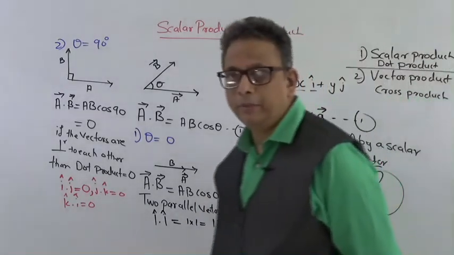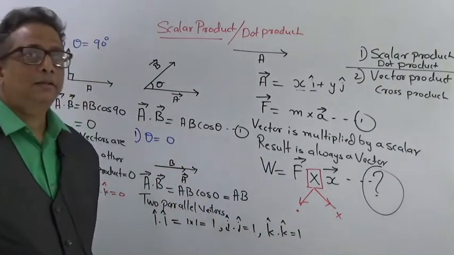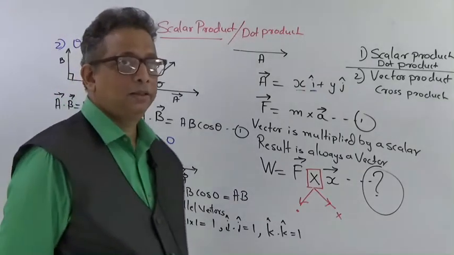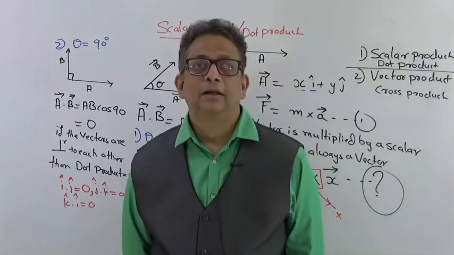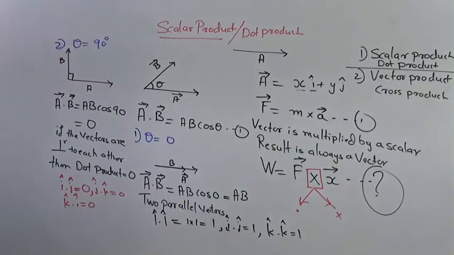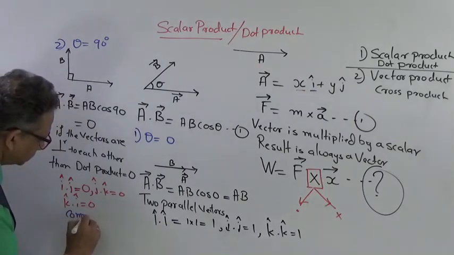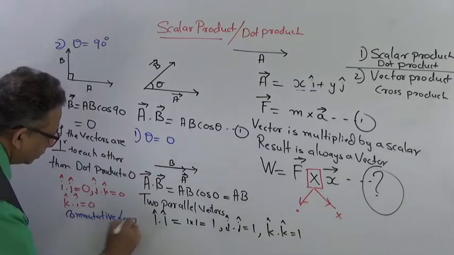Now one more important aspect that we have to understand about the scalar product is that it follows the laws of mathematics. What is the first basic law of mathematics? That is the commutative law. So what does this commutative law say? That vector A follows a commutative law.